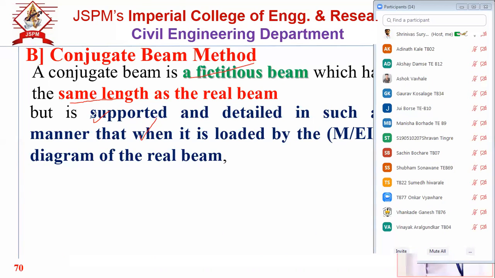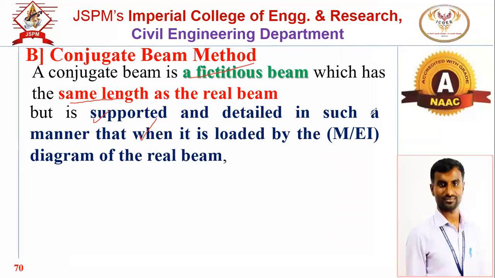It is supported and loaded such that, if we change some supports, the loading we give is the M by EI diagram. So what have we done? It is an imaginary beam, and we have to use this conjugate beam for analysis purposes.